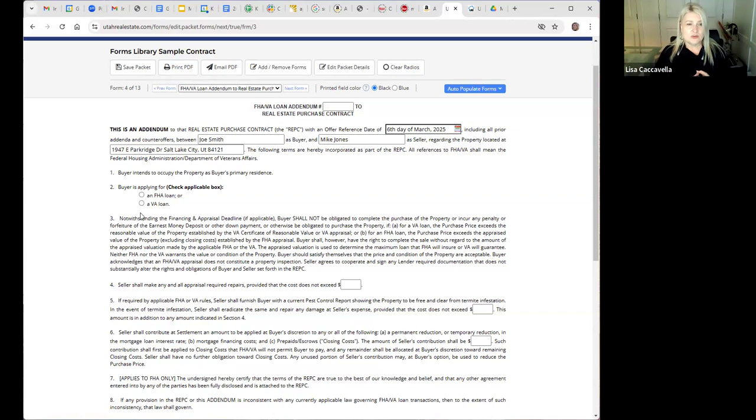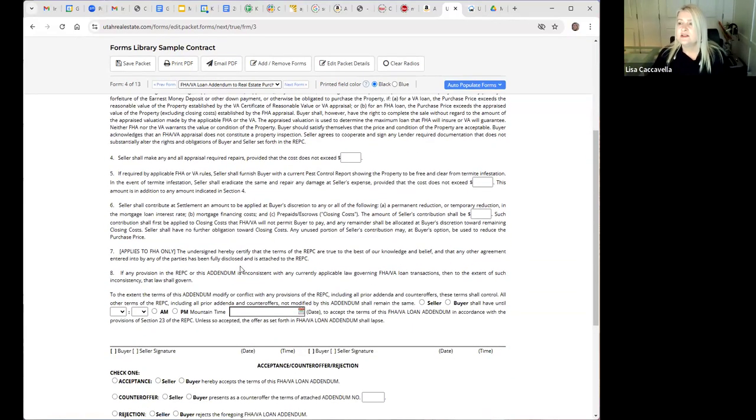So if it changes to another VA buyer, they'll still get a new appraisal done, but FHA won't. They still have to get an appraisal done, but the appraised value doesn't change. And you don't need a different closing cost addendum, because the amount of closing costs would be filled in on this addendum if it's FHA, so you wouldn't need the other one.